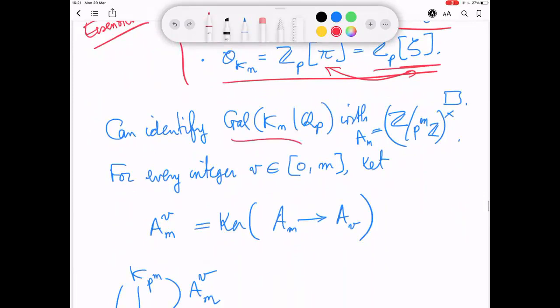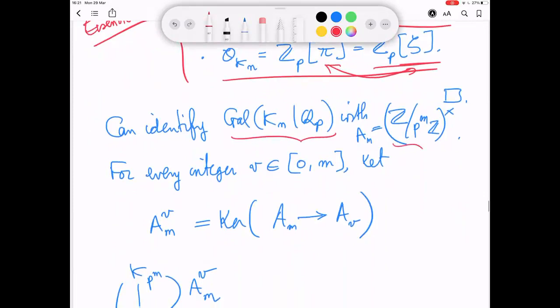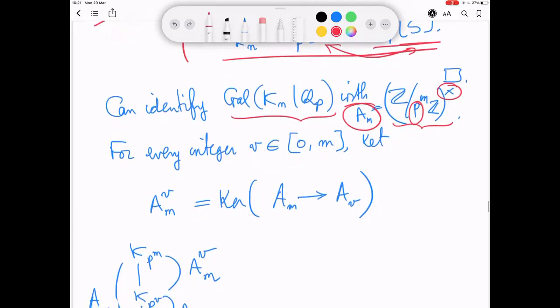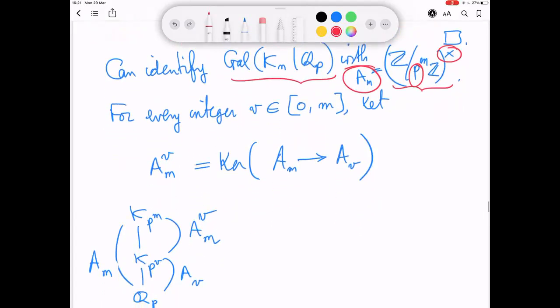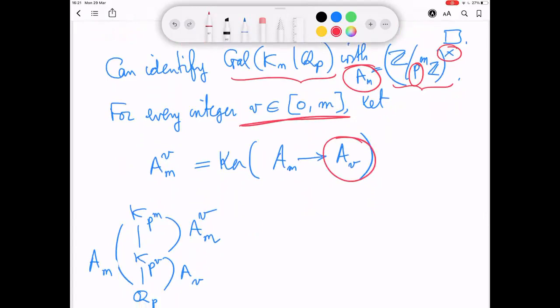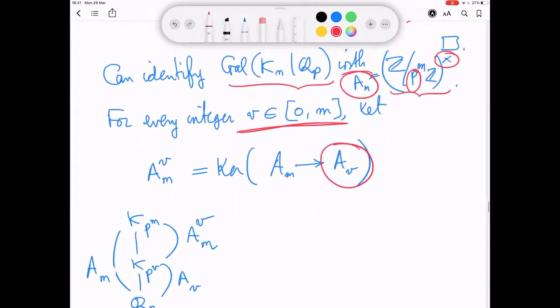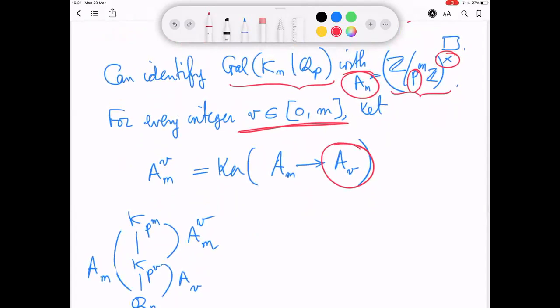Now, the Galois group, of course, gets identified with the multiplicative group (Z mod p to the m Z)^*. Let's just abbreviate it by A sub m. So p is implicit, A sub m is the multiplicative group of the ring Z mod p to the m, right? And for every integer v, we have similarly the groups A sub v, and these are not rings, these are the multiplicative groups of these rings.